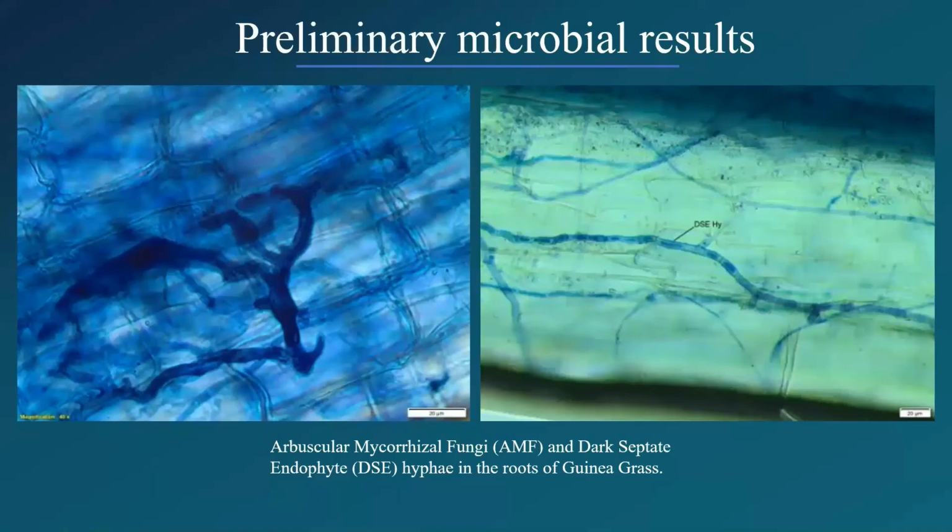The following here are the images from our lab as preliminary microbial results. As we have already talked about, our vascular mycorrhizae, which is a fungi, has a relationship with the guinea grass. And from our lab, we have here pictures of the dark septate endophyte. Dark septate endophyte that promotes growth in grasses has already been cited through literature to promote growth in grasses in semi-arid regions.